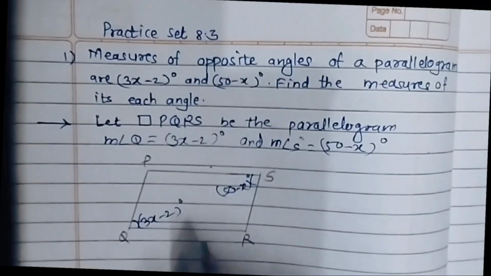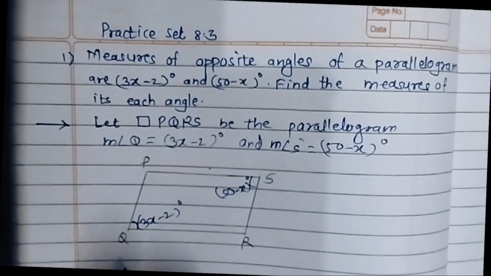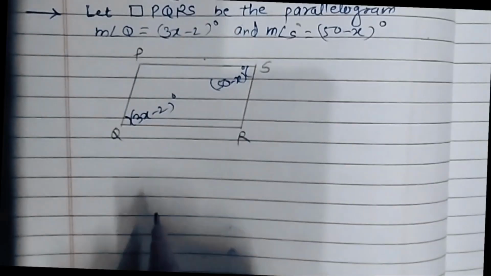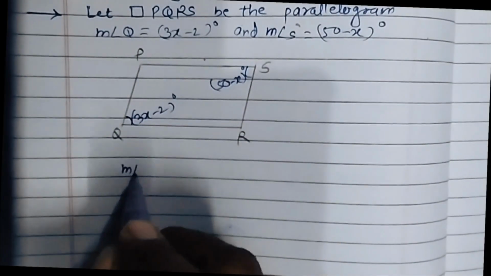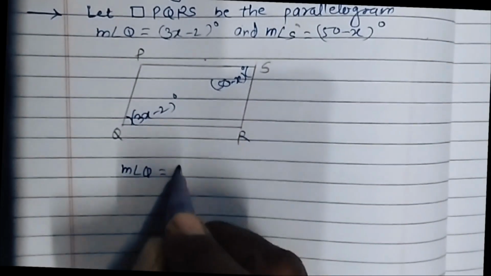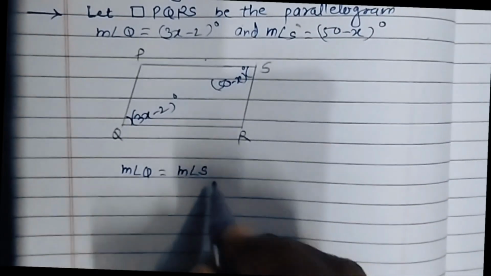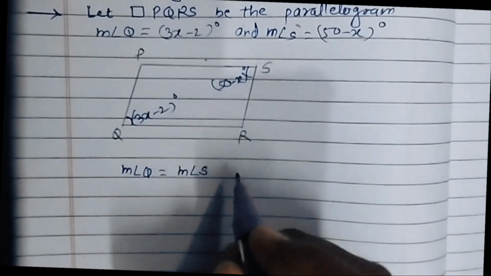That means that we can write here as measure of angle Q is equal to measure of angle S.